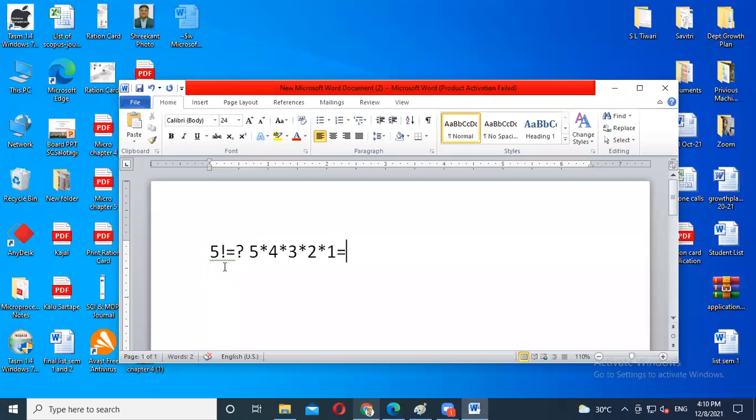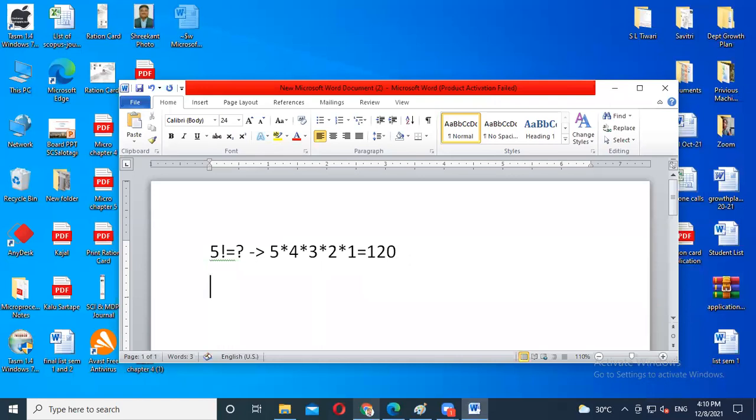So this is the factorial of 5. We multiply the number with each number decremented by one, up to the smallest number 1. So 1 into 2, 2; 2 into 3, 6; 6 into 4, 24; 24 into 5, 120. That is, 5 factorial is 120.